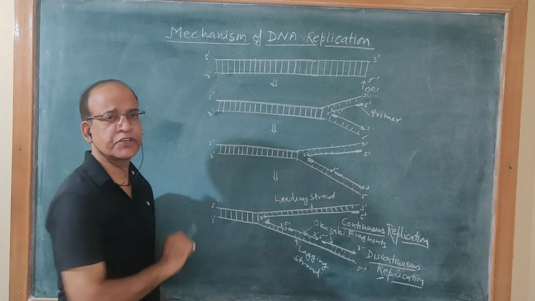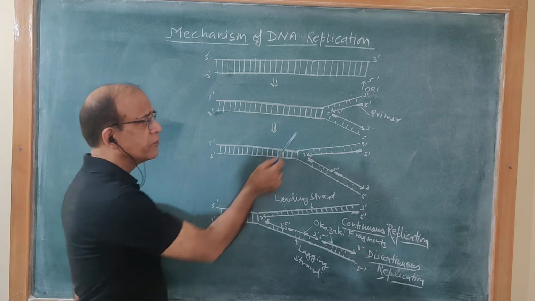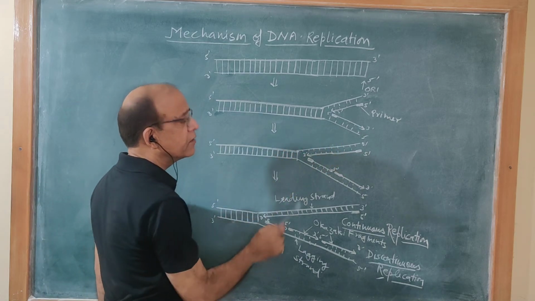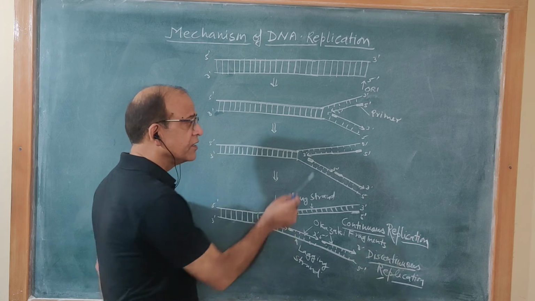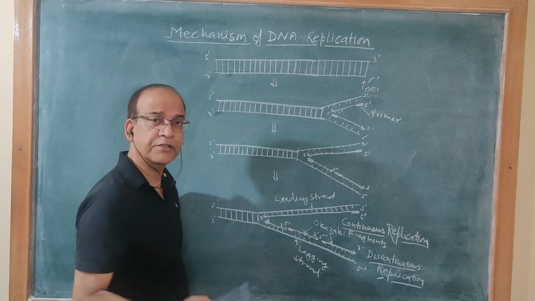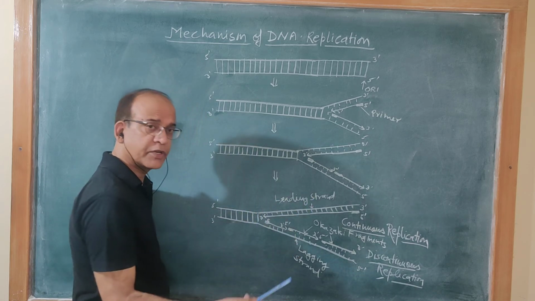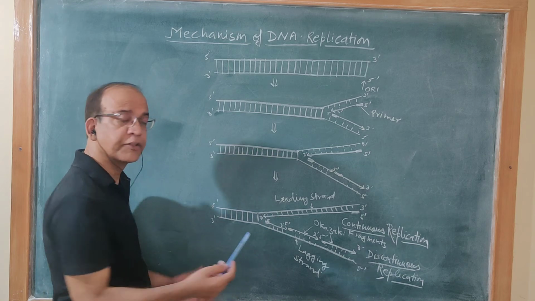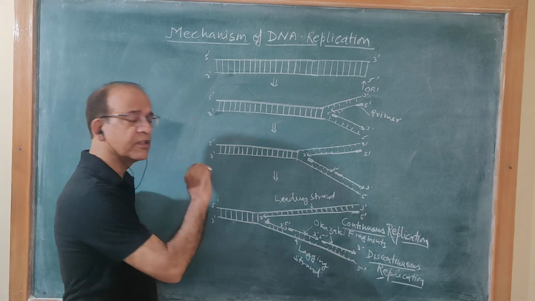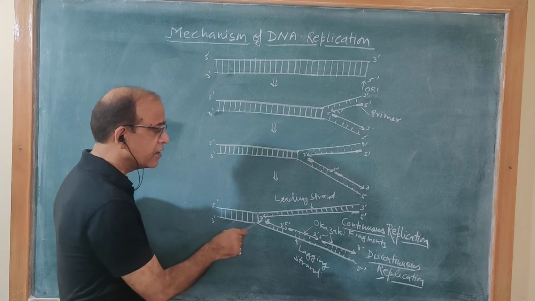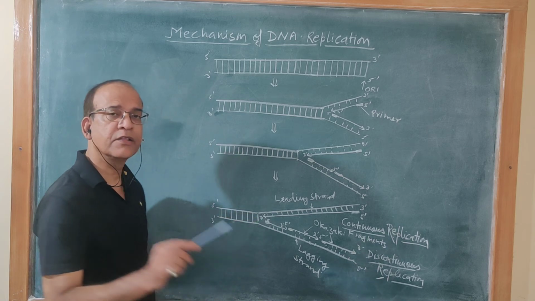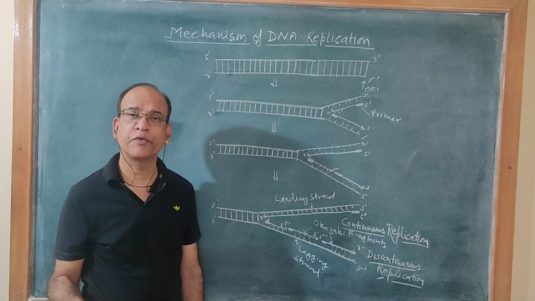But on the opposite strand, one segment of DNA is synthesized, then another segment is synthesized, and then on this newly exposed DNA, again there is primer formation, and again from 5' to 3' there is synthesis of a new segment of DNA.